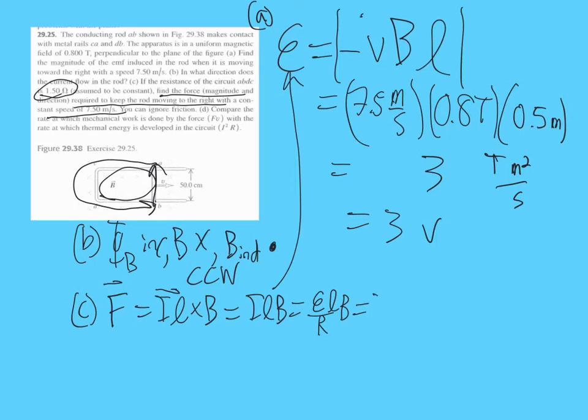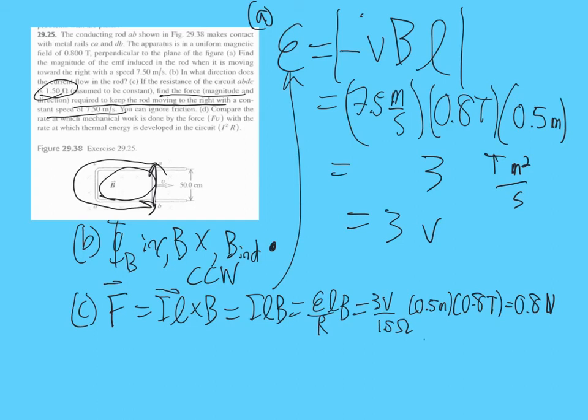So we can take our 3 volts, divide by 1.5 ohms, times our 0.5 meters, times our 0.8 Tesla. We multiply all that together, we should get 0.8 newtons. And we can verify our units if you like, because we get volts over ohms.